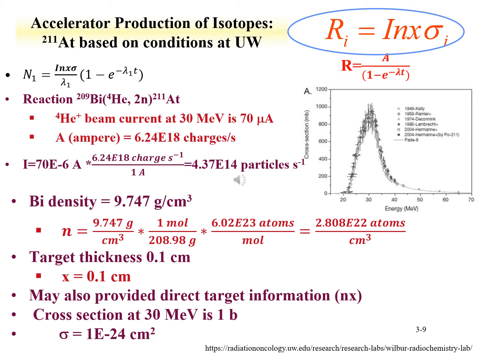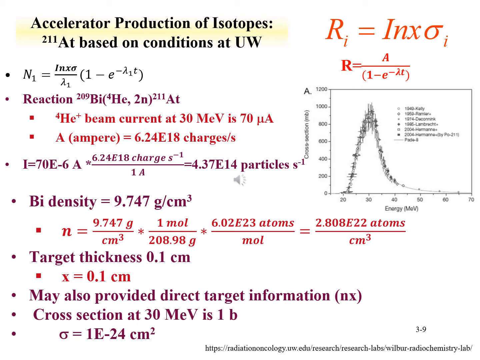And then target information, which includes the atom density, so atoms per centimeter cubed, times the target thickness, that'll get centimeters squared. And then we get the cross-section, which is shown here from experimental data. This cross-section for this reaction is about 1,000 millibarns. So that's 1 barn. And we'll use that as the cross-section. And remember, that's in 10 to the minus 24 centimeters squared per barn.